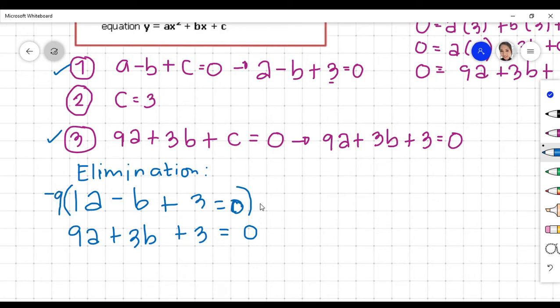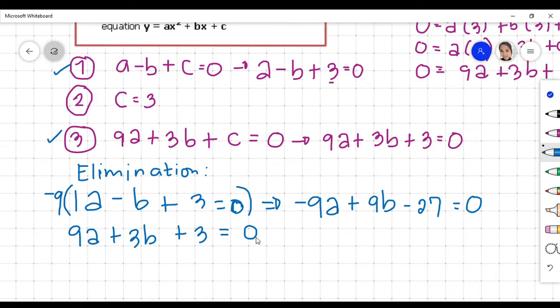Okay, so multiplying that by negative 9, it becomes negative 9a positive 9b and negative 27 equals, so negative 9 times 0, that is 0.